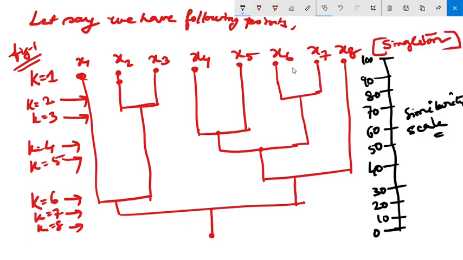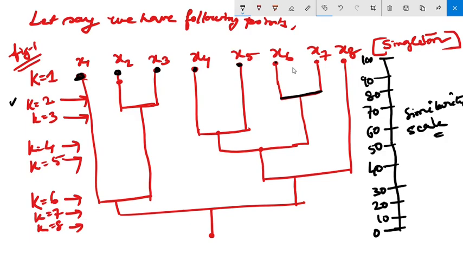K equal to 1 shows the 8 samples are singleton clusters. So at this point, these are all singleton clusters. Okay, at level 2, that means this level, x6 and x7 are merged, grouped to form a cluster, and they stay together at all subsequent levels. If it is possible to measure the similarity between the clusters, then the dendrogram is usually drawn to scale to show the similarity between the clusters that are grouped together.